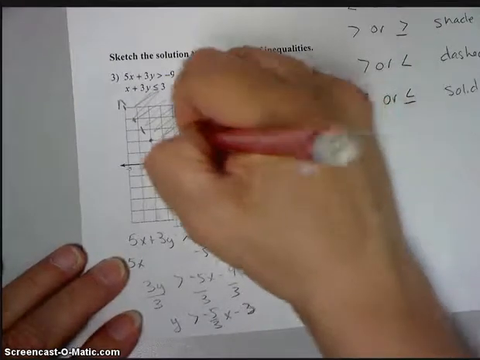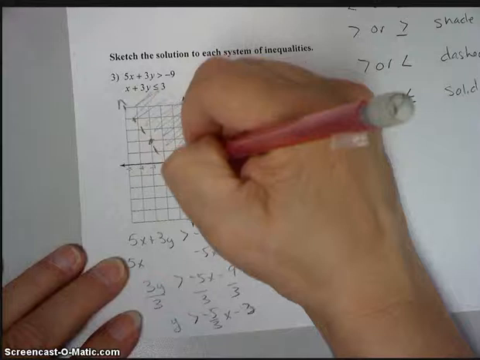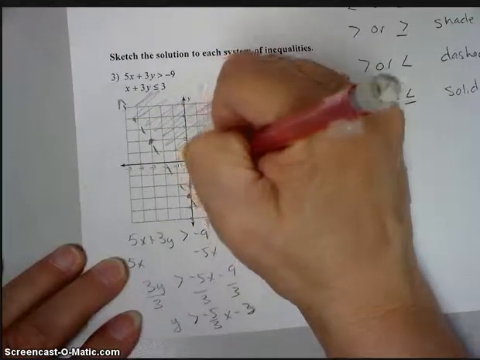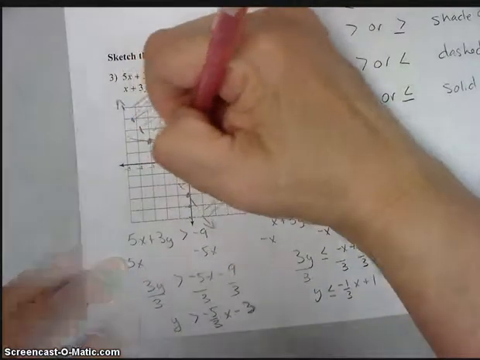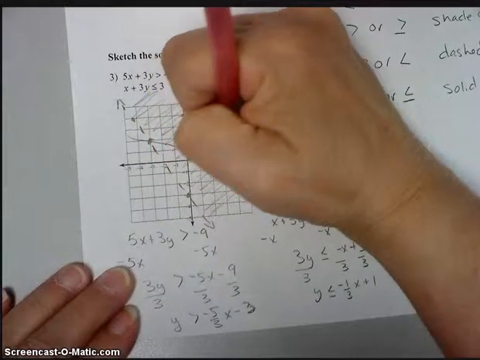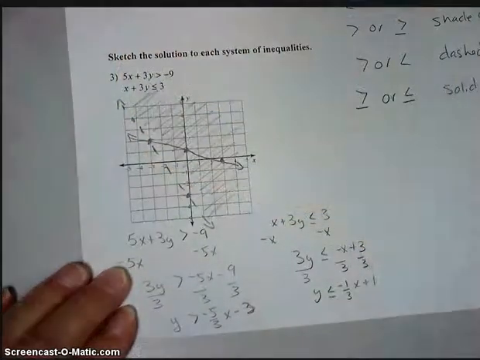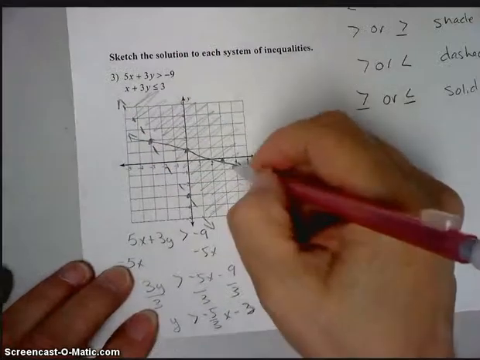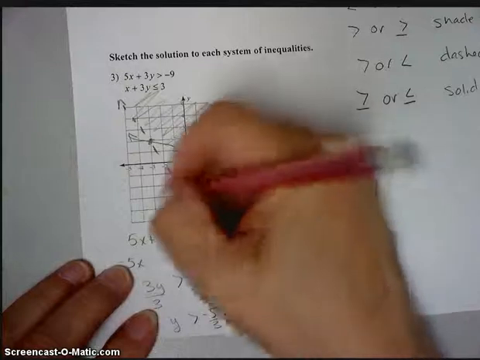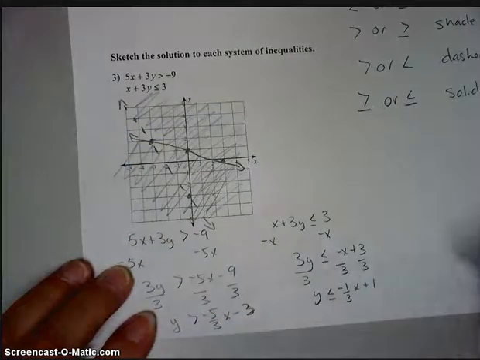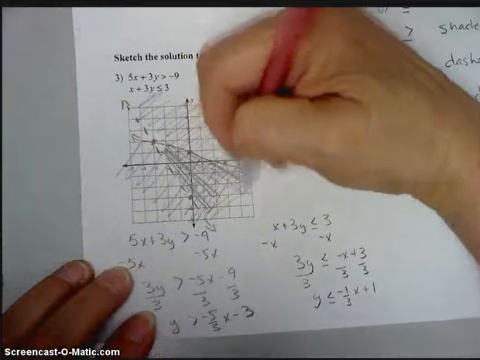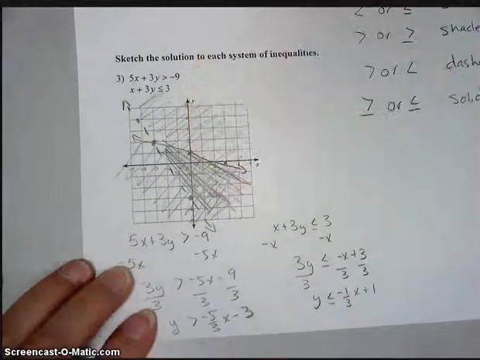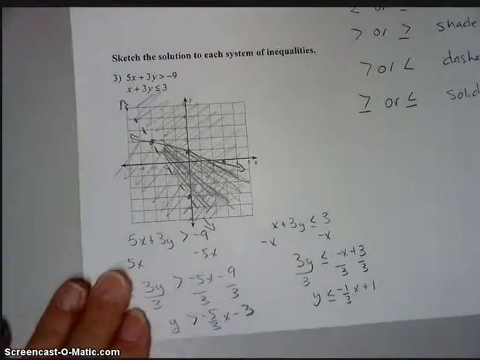I'm going to go down 1 over 3 and up 1 over 3. This is going to be a solid line through these points. It says y is less than or equal to, so I'm going to shade below the line. My intersection is right here in this little shape, so that would be the solution to that system.